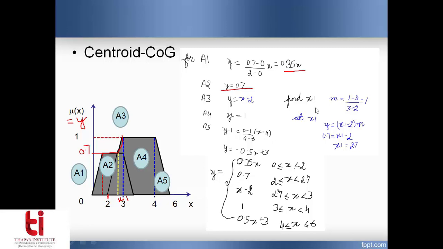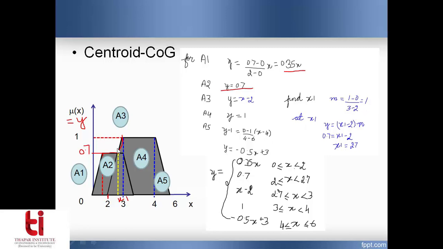The first point for this entire slope is x is 2 and y is 0, so it is 2, 0. And the other is x is 3 and y is 1. Using that I calculate the slope to be 1.